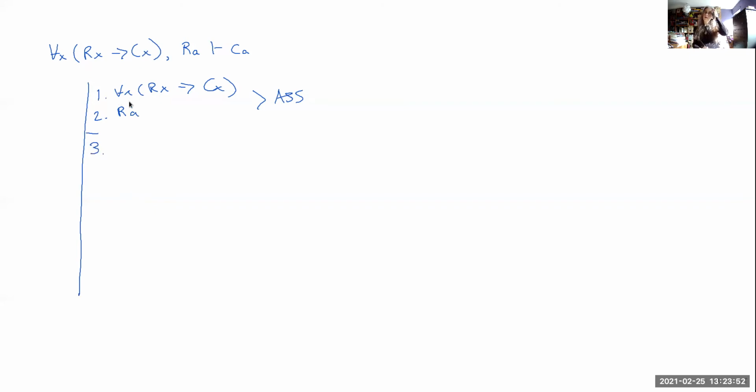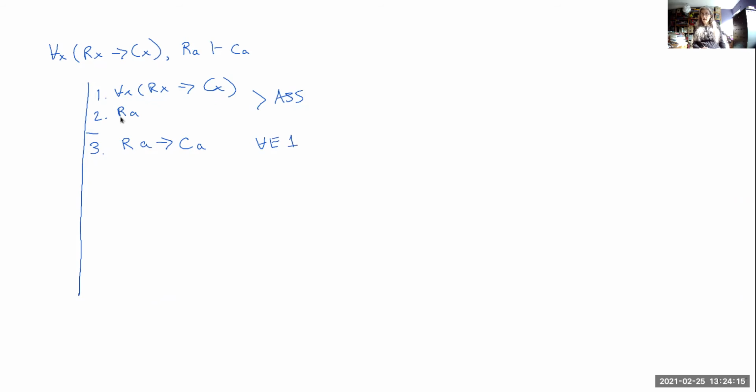So what we do there is we erase the quantifier. So we would have just Rx implies Cx. You erase every free occurrence of the variable x and replace it with A. So that is universal elimination on line 1.